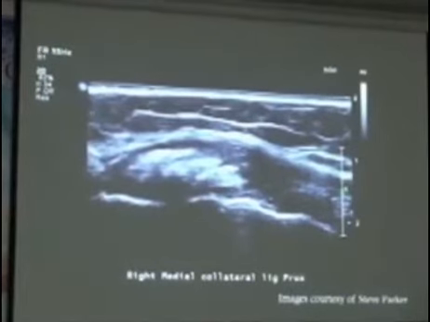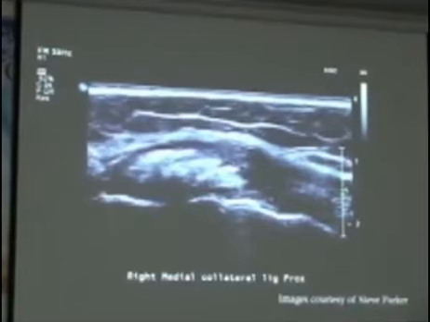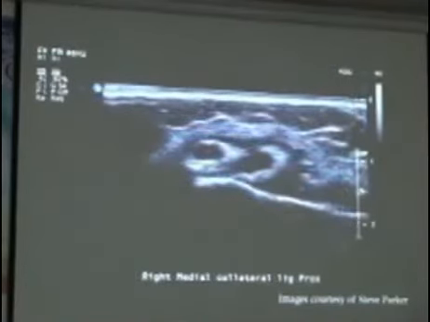Another thing that we can sometimes see in the medial collateral ligament proximally is that you get this large calcification that occurs in the proximal part of the collateral ligament. And it can have both calcified and liquefied components to it.